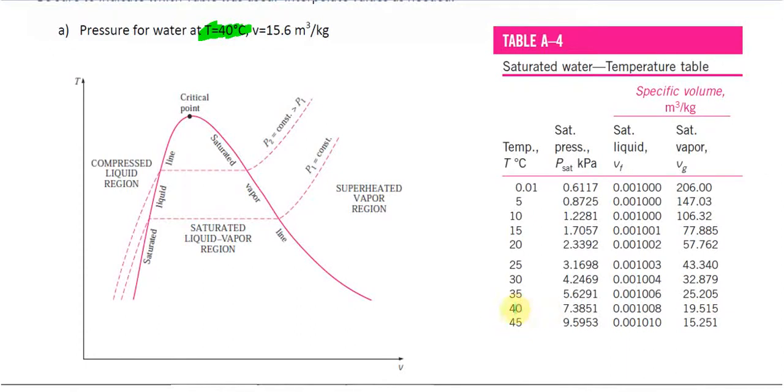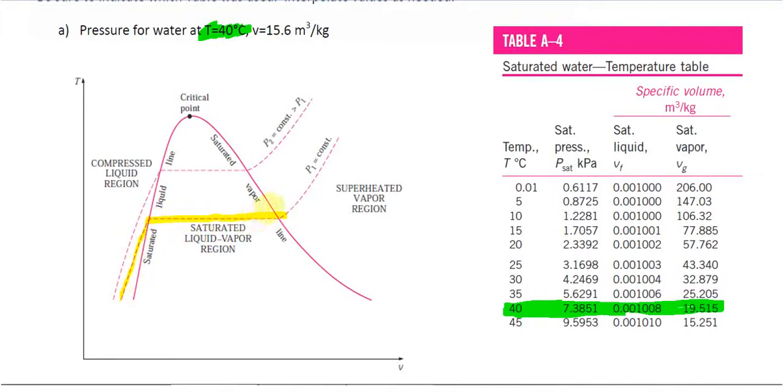Since the temperature is given, I just highlight this line and I focus here. This table tells me that at the temperature of 40 Celsius, the saturation pressure is 7.38. So the pressure corresponds to this line that I'm highlighting here.